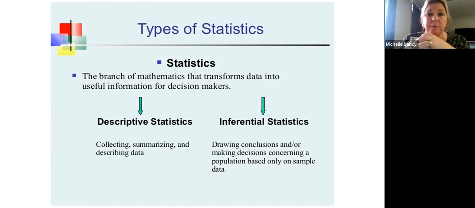And we're going to talk about that more in just a second. But just your basics. So descriptive is just getting the information, collecting it, describing it, summarizing it. And then if we can or we do take it a step further and we use that information to actually draw conclusions, make statements about something.